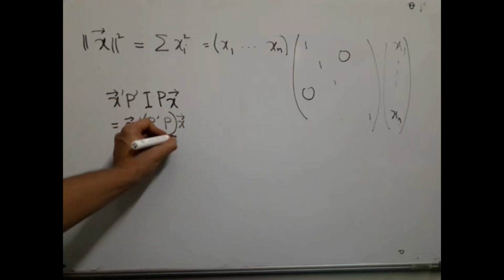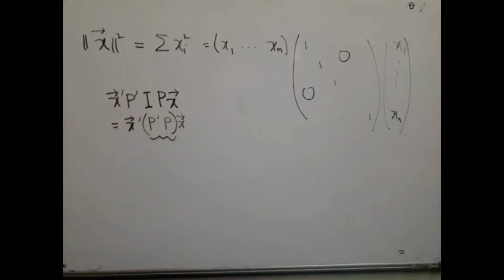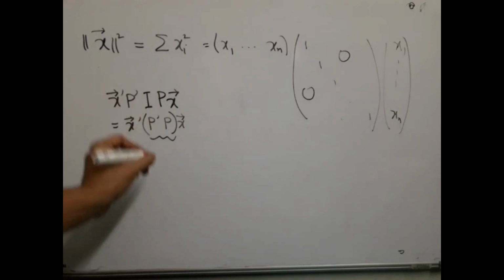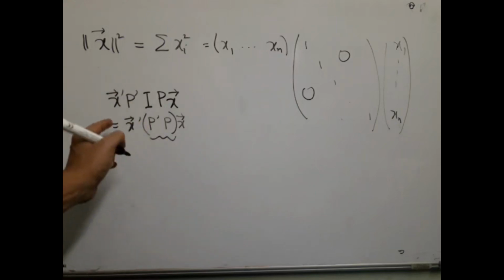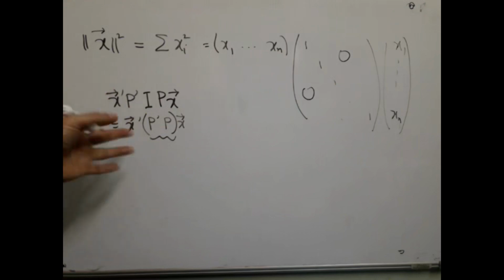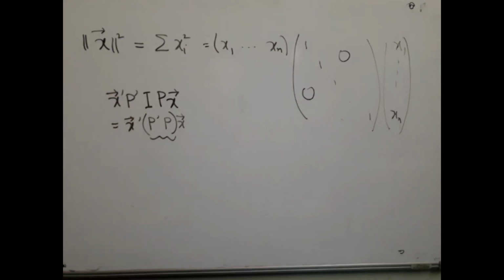And that is why these matrices become very important. We are going to learn pretty soon, they are called positive definite matrices, and they give you the general form of norm in case of Euclidean norm when you are choosing some other basis.